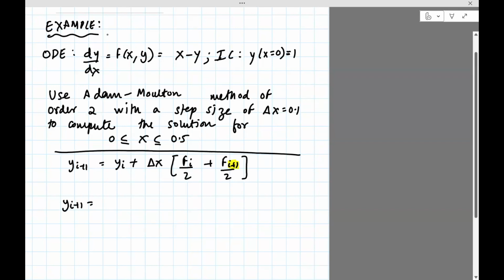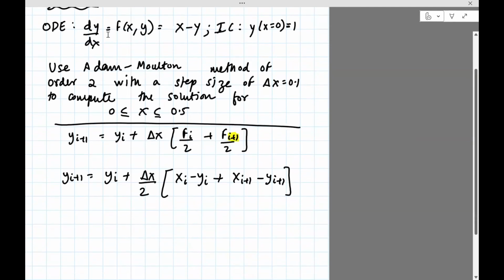y_{i+1} equals y_i plus delta x. Let's just pull this 2 out. So f_i is x_i minus y_i, plus x_{i+1} minus y_{i+1}. Okay, let's move things around.